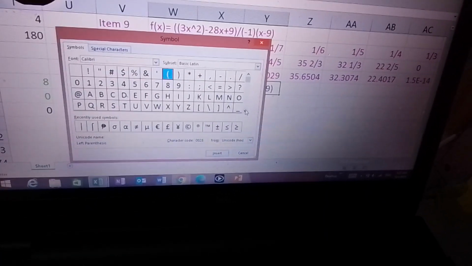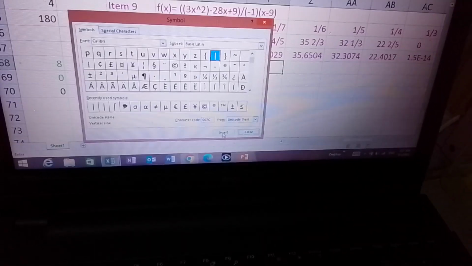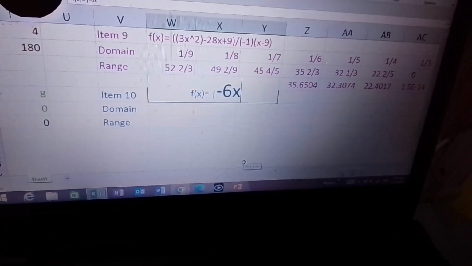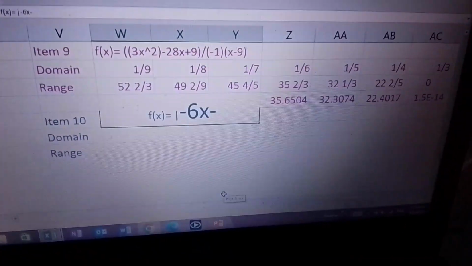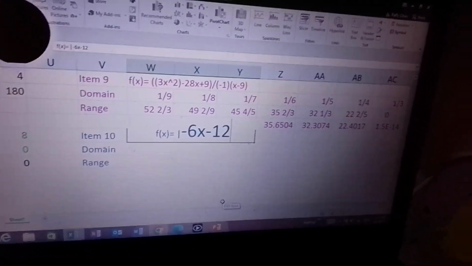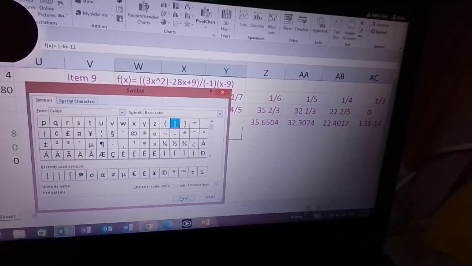What type of symbol are we looking for? Absolute equation. So here it is. Absolute value of negative 6x minus 12. Then we insert another absolute value again. Same thing, insert.